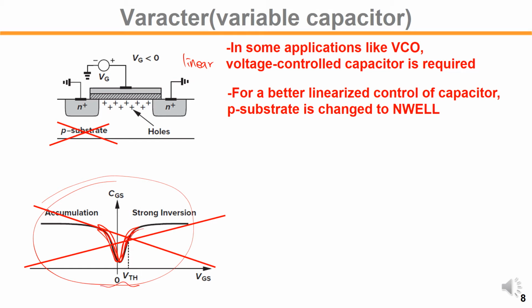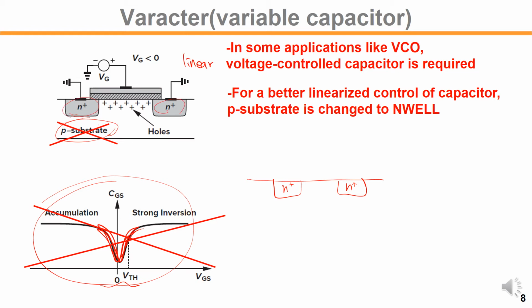To avoid such things, we can implement this kind of structure. The problem started in the first place because the substrate type is different from the channel type and also the source and drain.